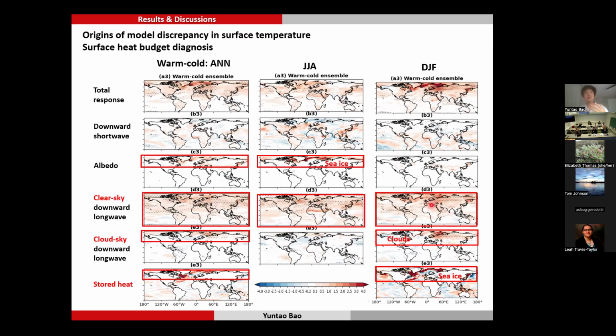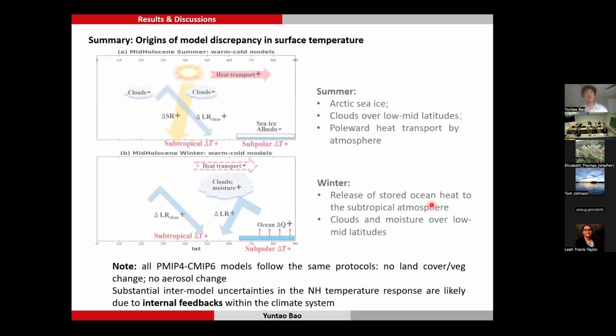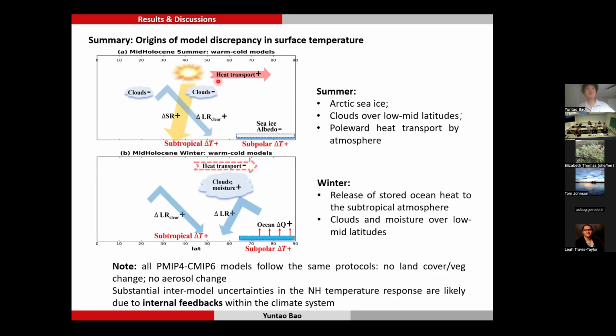There are too many details here, but overall, we can have a summary. Compared to cold models, warm models simulate warmer temperatures because they simulate less Arctic sea ice.